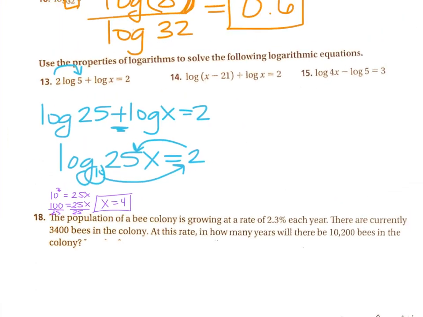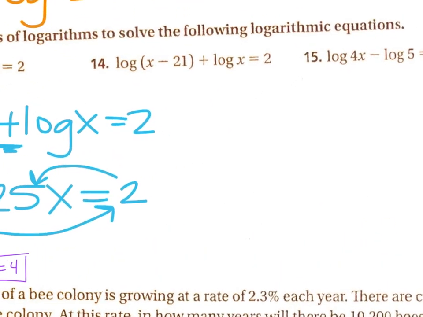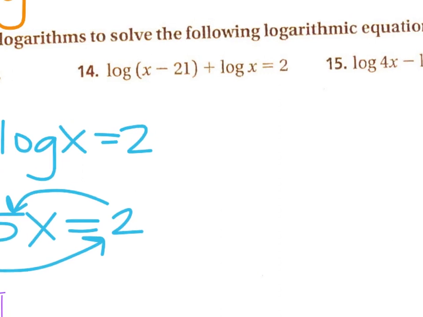Okay, similar concepts here. When you look at this, again, we're adding, so we're really going to multiply. So it's going to be the log. Now I'm going to multiply these. So I'm going to do x times x minus 21 equals 2. And then if we simplify this a little bit, this is going to be base 10.